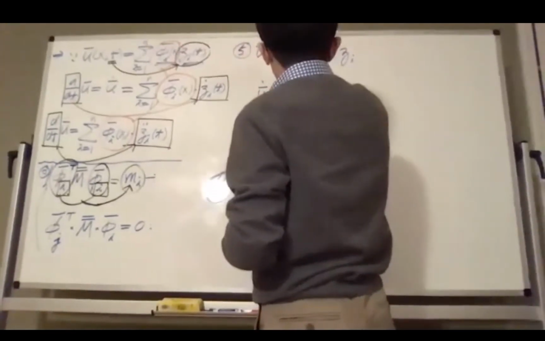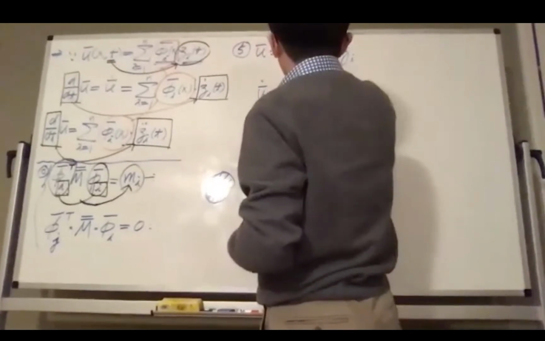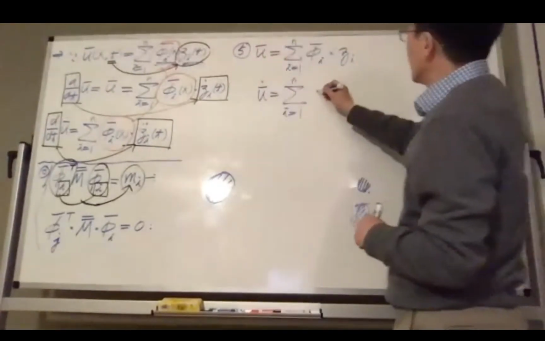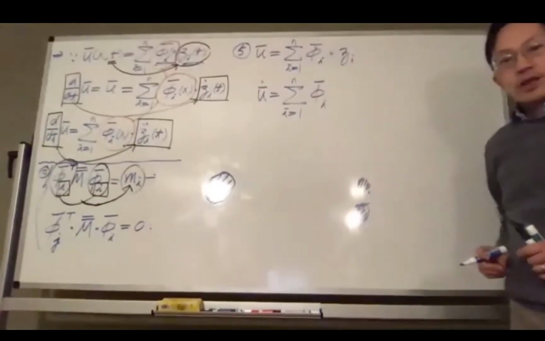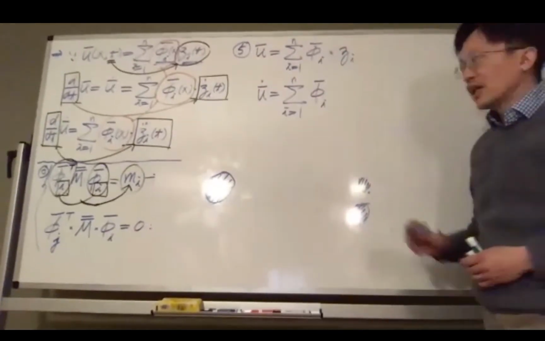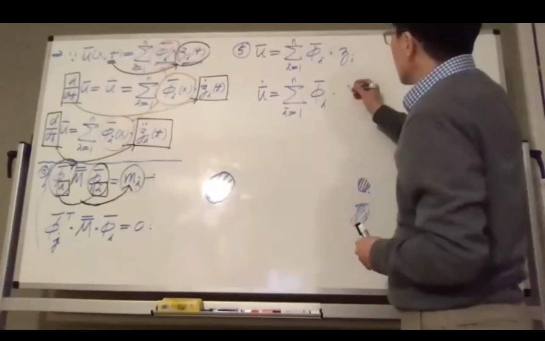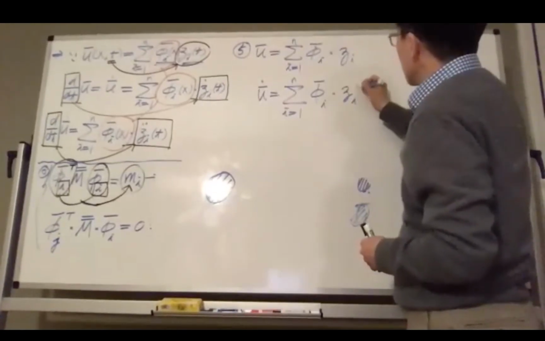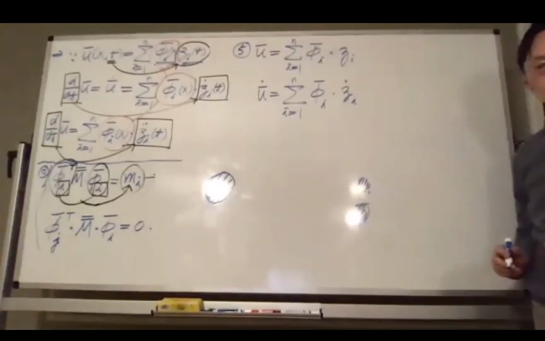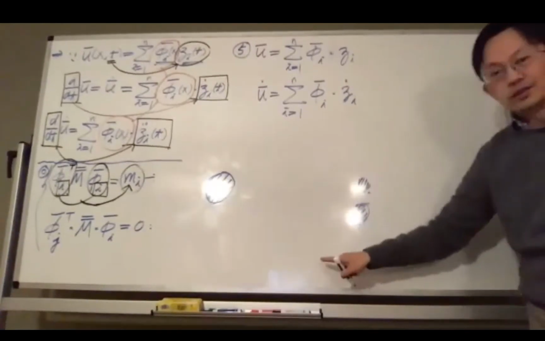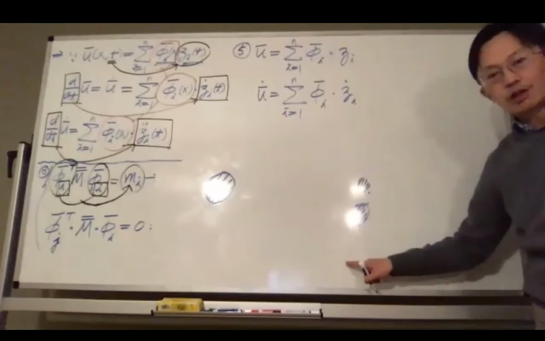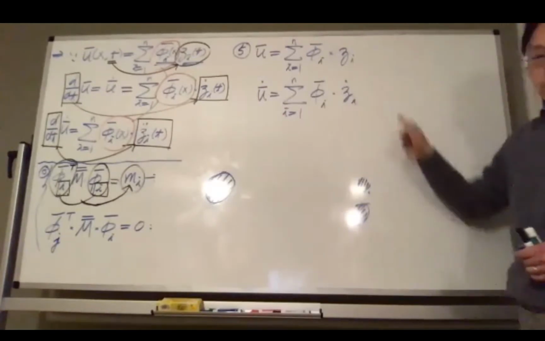Velocity will be the same, or almost the same. The summation of the products between the mode shape vectors and the time derivative of generalized coordinates. So here it's going to be z dot. So once you found the z, certainly you know how to differentiate z of t to get the z dot of t, right?